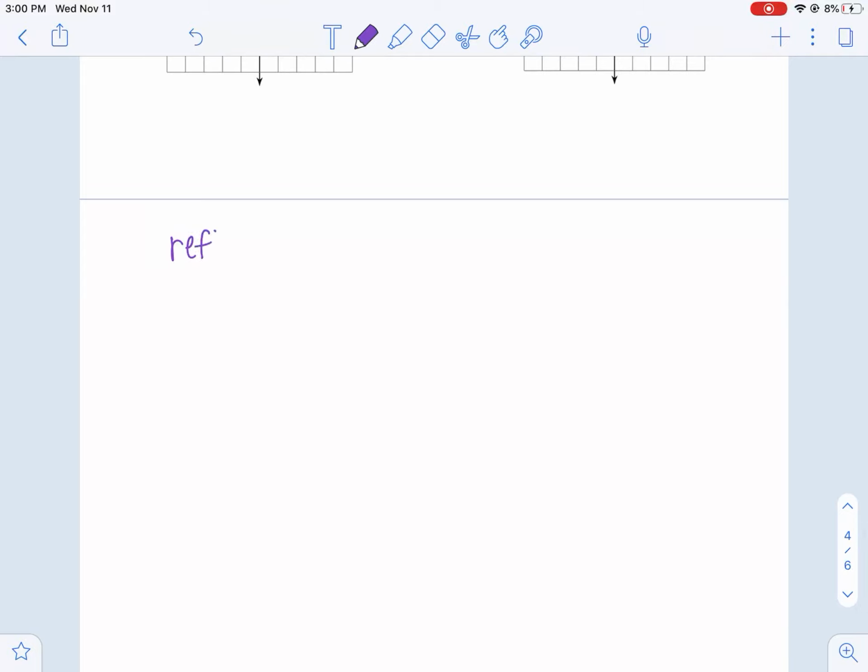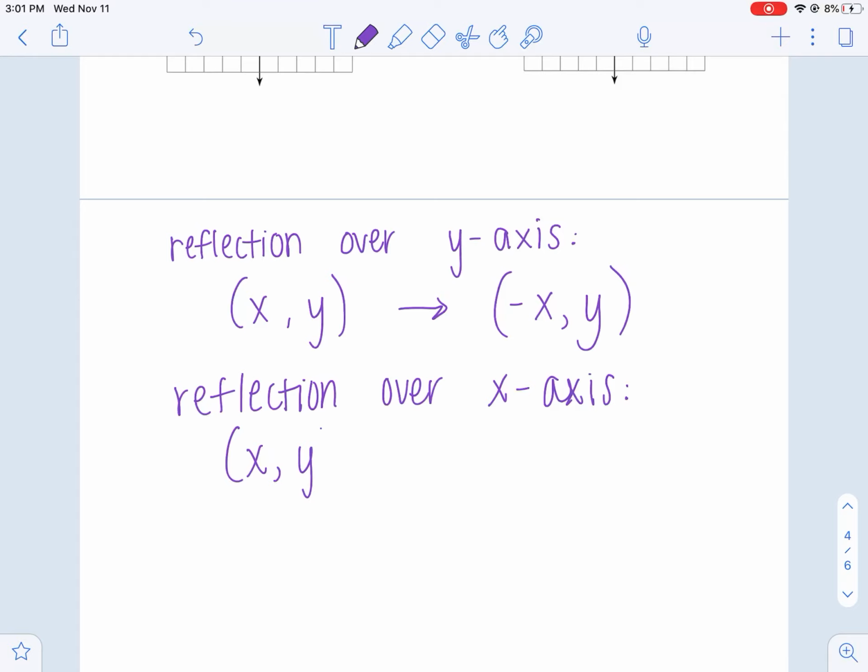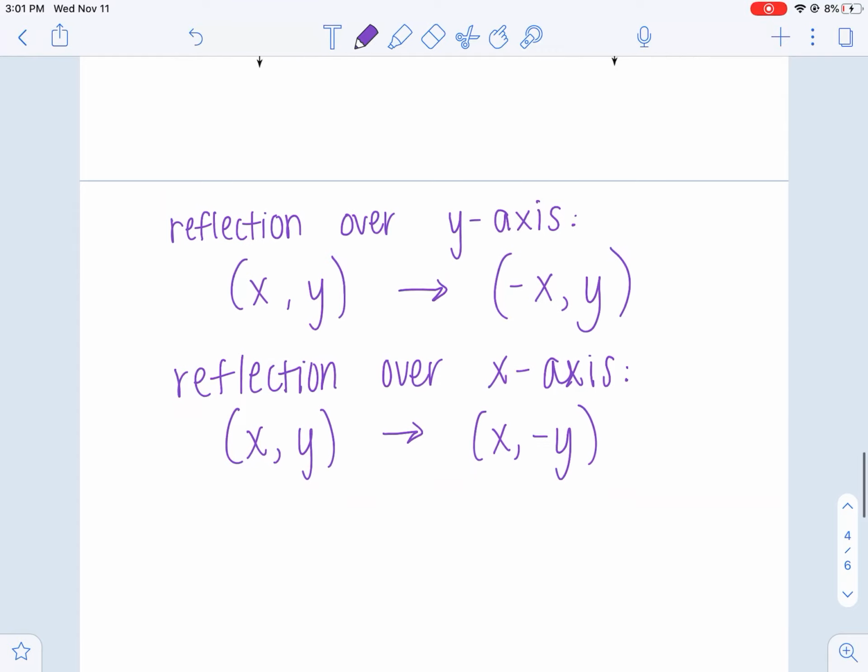Let's say reflection over the y-axis: x comma y would become negative x comma y. Reflection over the x-axis: x comma y would become x comma negative y.